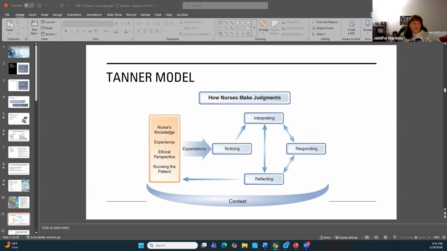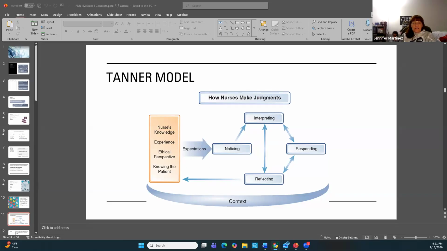So, how nurses make decisions. We have the Tanner model, which is a way to show us how everything is broken down. It's the nurse's knowledge, experience, ethical perspective, knowing the patient, right?